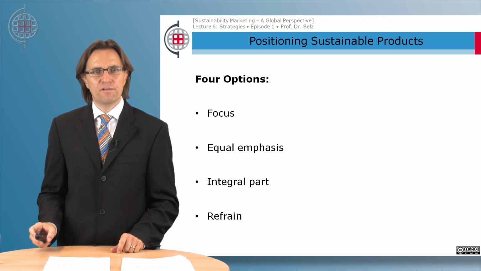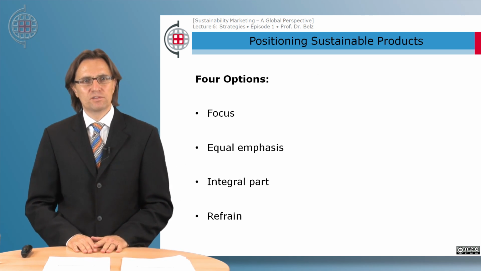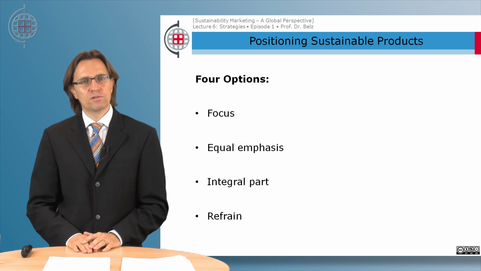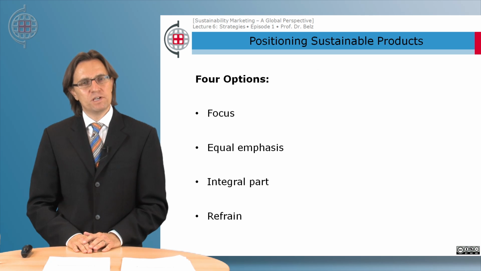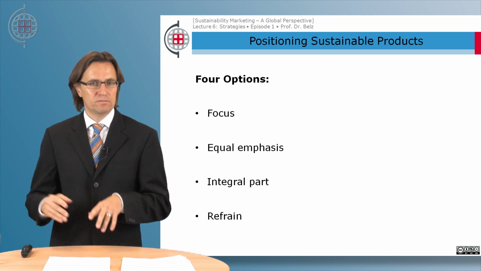Generally, there are 4 options of positioning sustainable products and services. The first is to have a very strong emphasis and focus on social and ecological attributes. The second one would be to have an equal emphasis on social and ecological attributes in relation to performance and price.